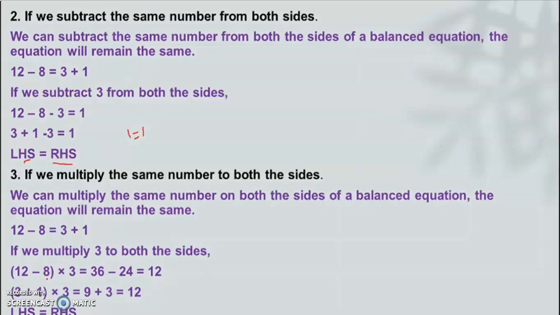Here we took 12 into 3, 36, and 8 into 3, 24. So 36 minus 24 is 12, and here 3 plus 1, 4. 4 into 3 is equal to 12. And here also, if we do 9 plus 3, we'll get 12. So here also the LHS is equal to the RHS.